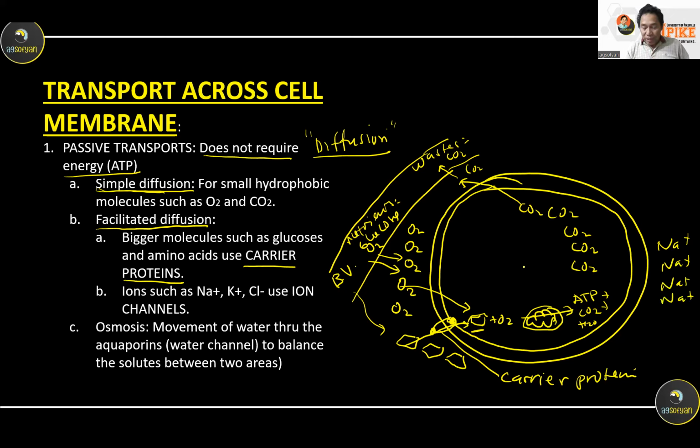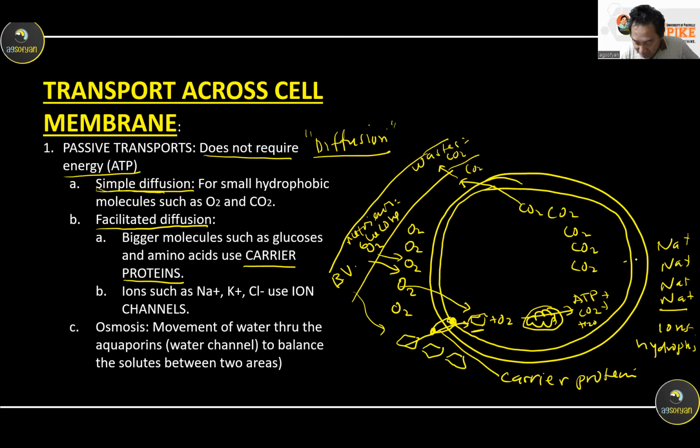And then we need sodium inside the cell, so the sodium will enter into the cell. However, because the phospholipid bilayers are lipids, which are hydrophobic molecules, it will not take the ions. This ion is hydrophilic, a polar molecule. So a hydrophilic molecule will not cross the hydrophobic layer.